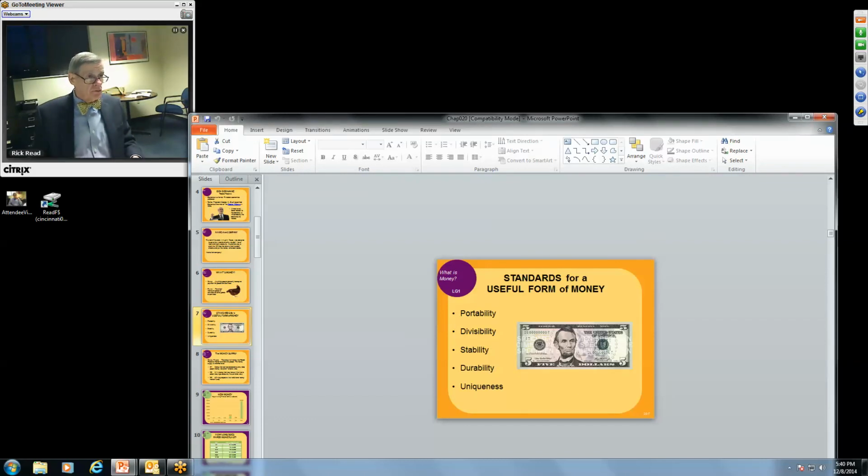So these are the 5 categories, if you will, or 5 characteristics that money has to have. It has to be easy to transport. It has to be easily calculated. Now they use the term divisible here, but calculated. We know that $1, well, there's a picture of Abe Lincoln here, that's a $5 bill.